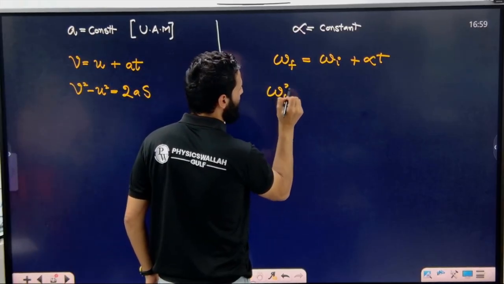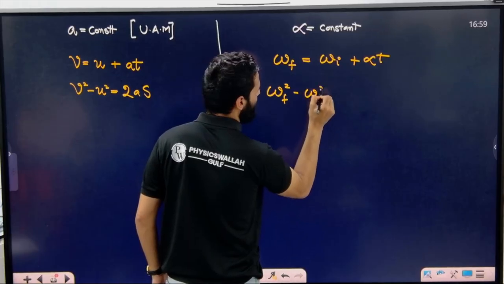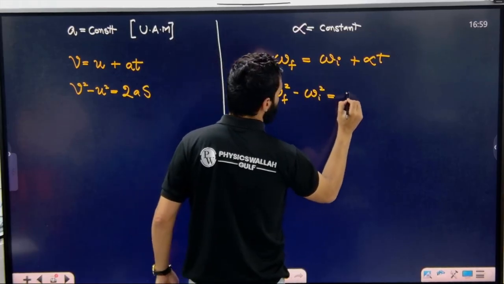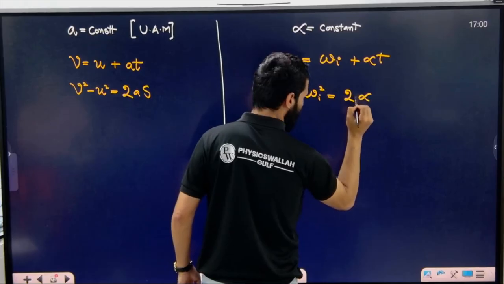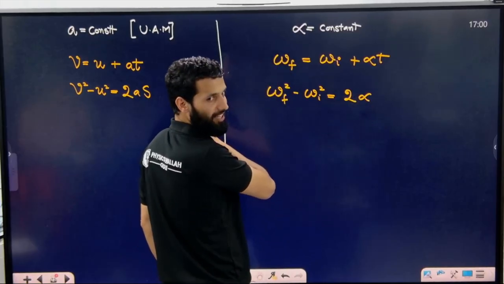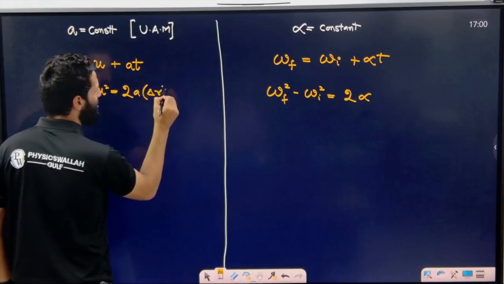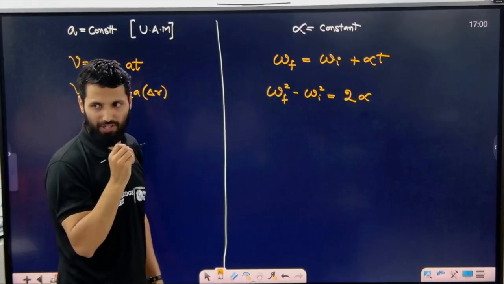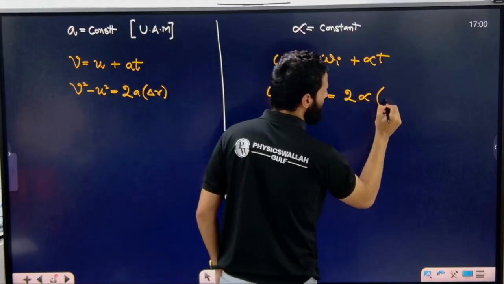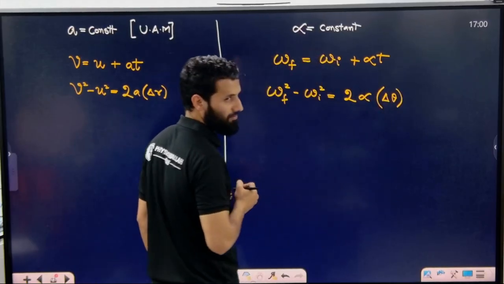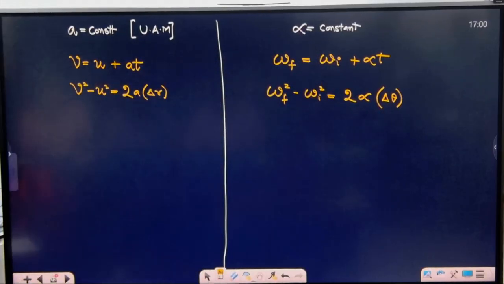Omega f square minus omega i square is equal to 2 alpha delta theta. That's why I wrote delta r there, so that you can relate. Delta r, change in position, is displacement. So change in angular position is angular displacement. Okay, now tell me.